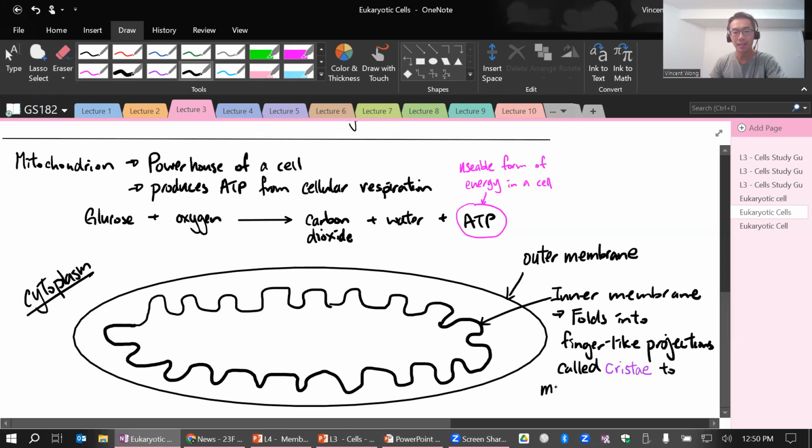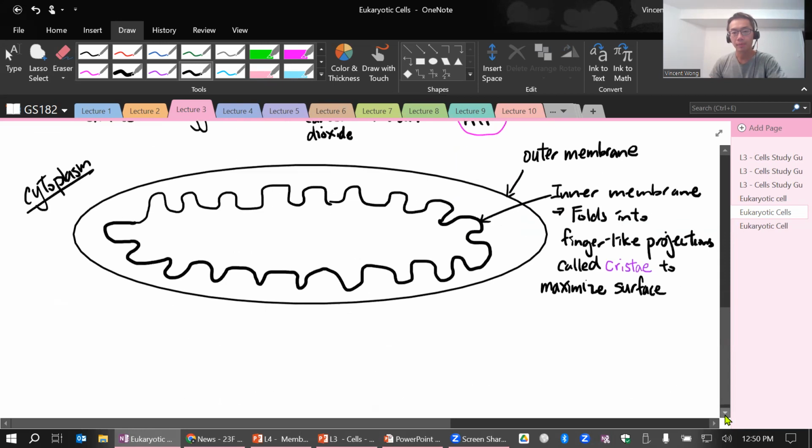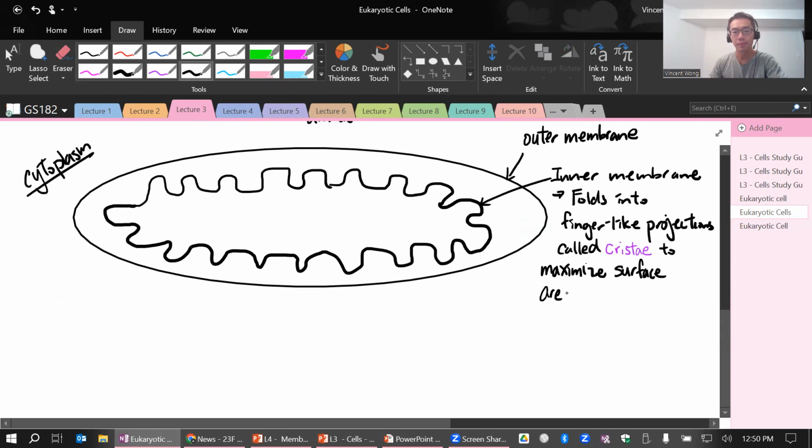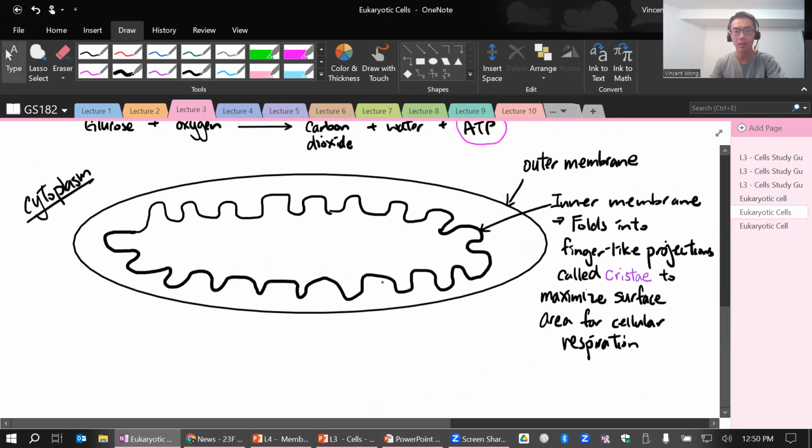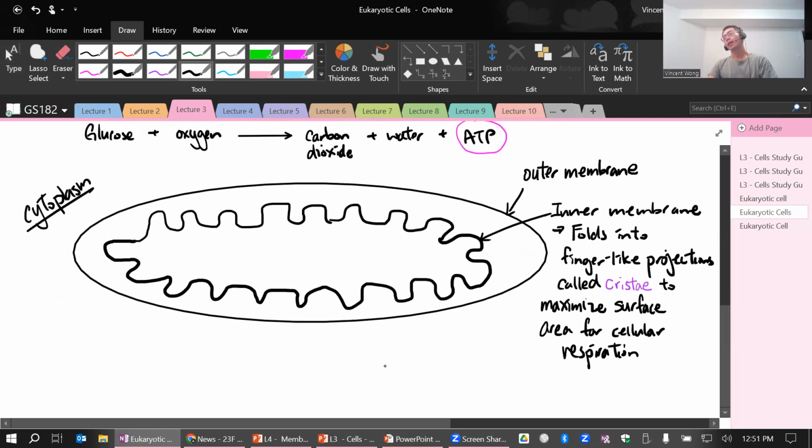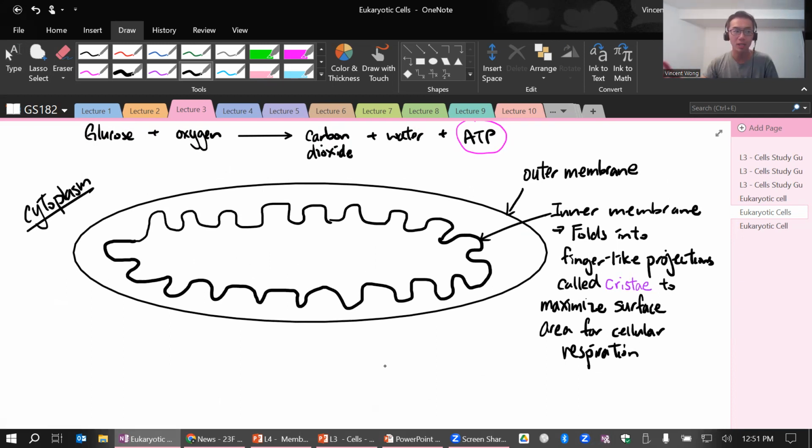To maximize surface area for cellular respiration. Cellular respiration is a chemical reaction, and you probably learned in your chemistry class that the more surface area you have available, the faster the reaction can happen in most cases, right?